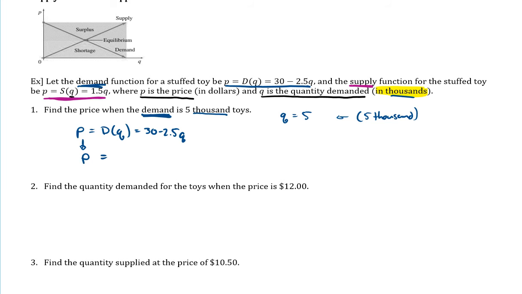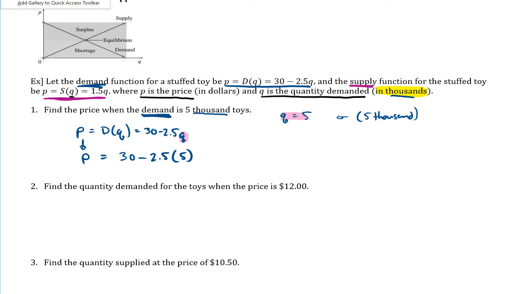From there, we're going to sub in, let me do it in highlighted pink, 5 for that Q. So it'd be P equals 30 minus 2.5 times 5. This middle portion is getting skipped because we are looking for the price anyway, and the price is represented by this function notation. It's just a kind of strange way that they break these down.